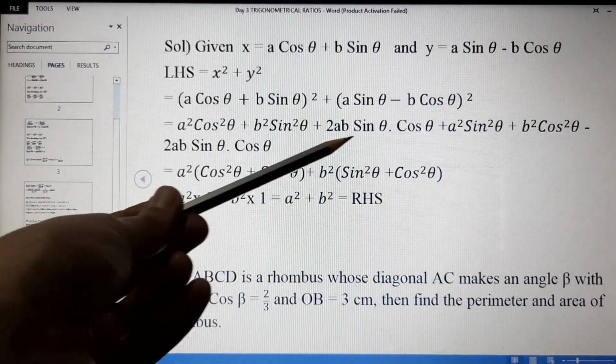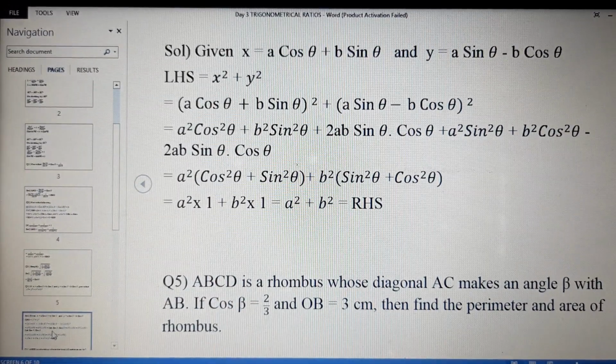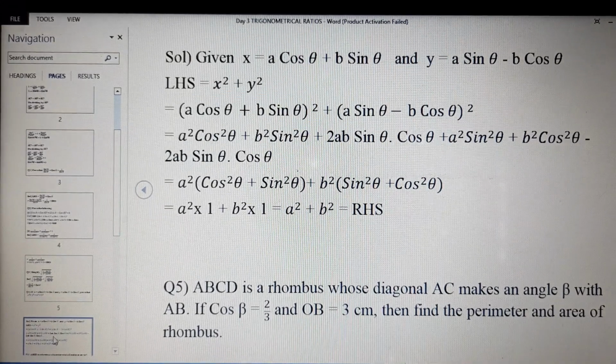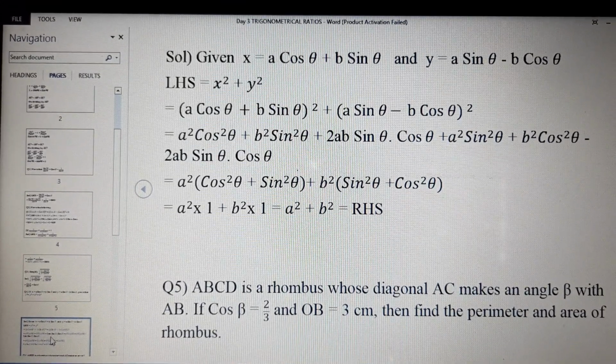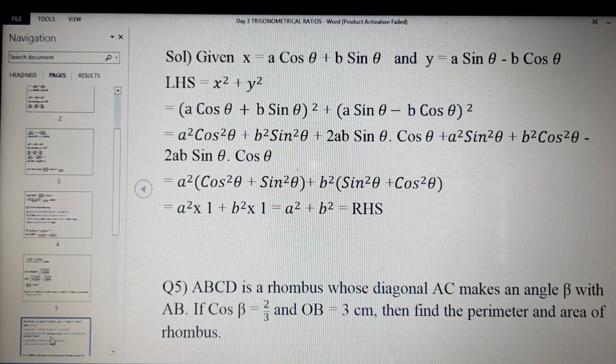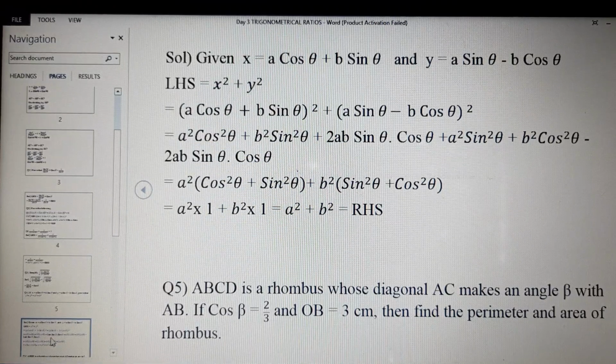So collectively 2ab sin theta into cos theta. Likewise, a minus b whole square: a square sin square theta plus b square cos square theta minus 2 into a sin theta into b cos theta. So we have 2ab sin theta into cos theta.